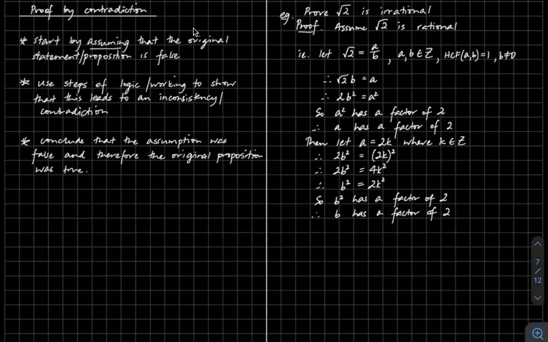And we've now reached a contradiction. These two statements contradict the earlier statement that root 2 can be written as a over b, where a and b already have a highest common factor of 1.